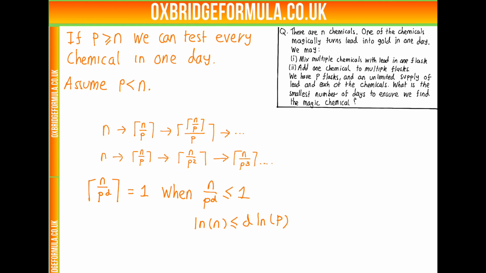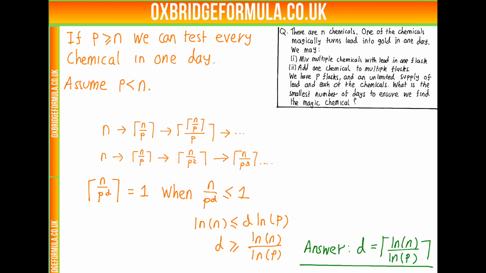And then we're almost done, because we know d is greater than or equal to natural log of n over natural log of p. We don't have to flip the sign at all, because natural log of p is positive, since p is greater than 1. And so we're looking for d, the smallest integer when this is true, which is just given by taking the ceiling of this. So we know the number of days, d, is the ceiling of natural log of n over natural log of p.